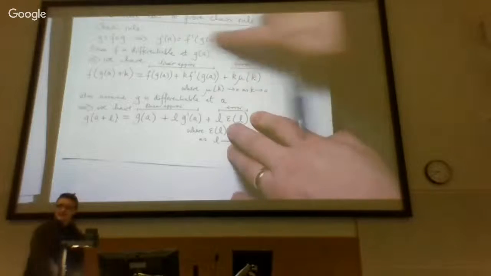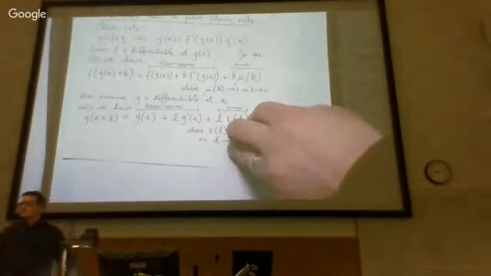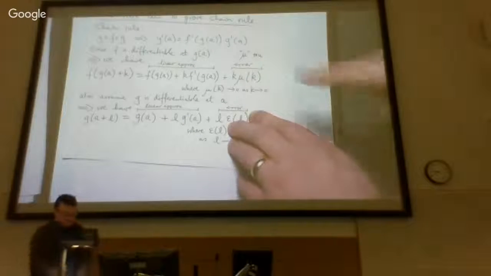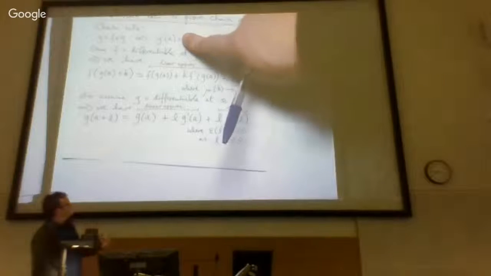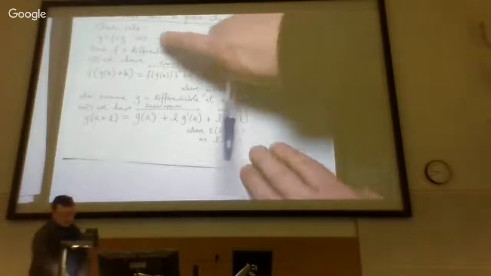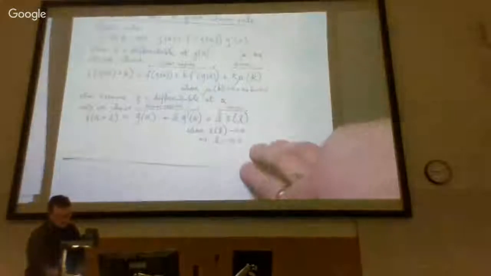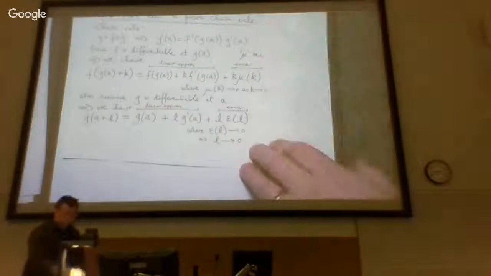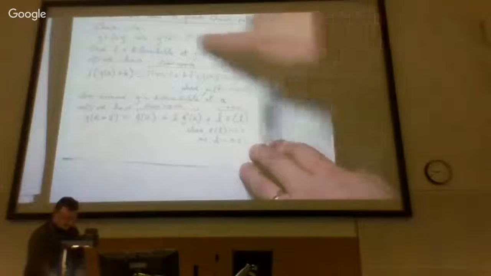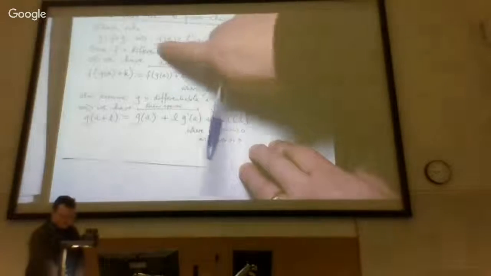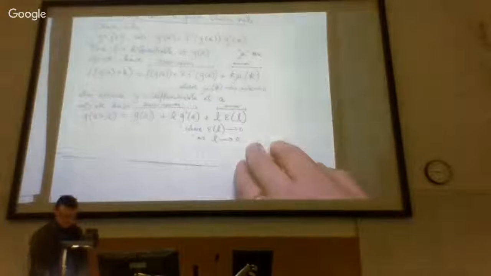Okay, we can't assume that it is. That's assuming the chain rule. We're trying to prove the chain rule. So what we seek to do is discover or construct the linear approximation equation for the function y and discover that this number is indeed y prime of a.